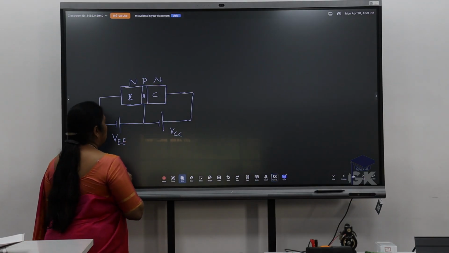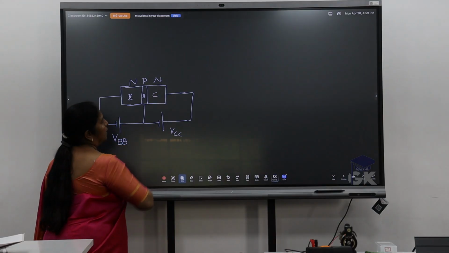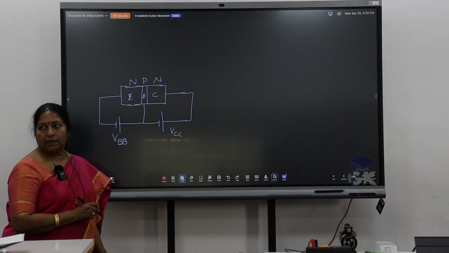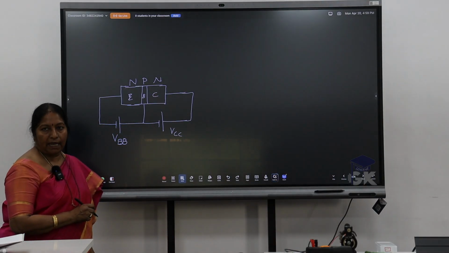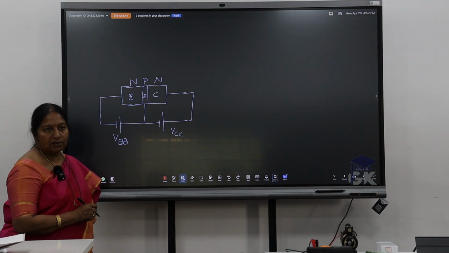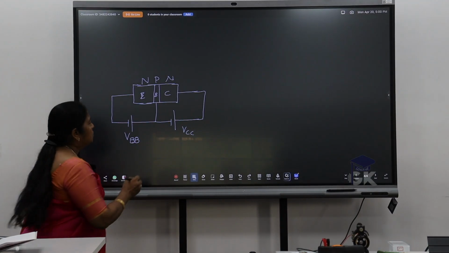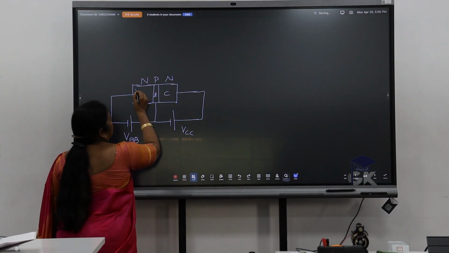I'll say VBB because of the positive terminal that is connected. So if this is the case, how do the electrons move? Majority carriers of this N type are electrons. So the emitter just emits the electrons.